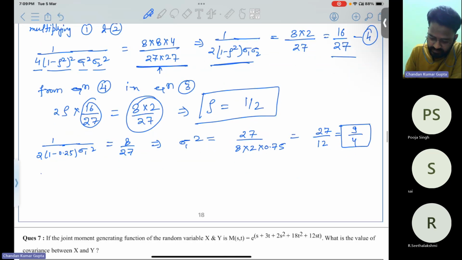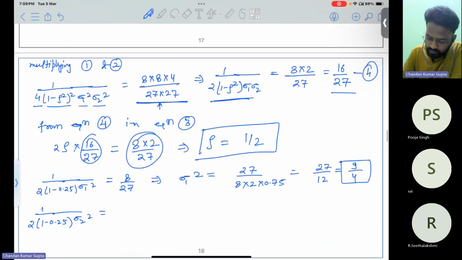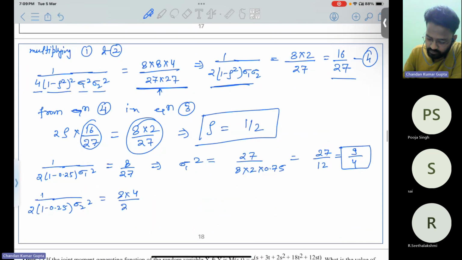And similarly, 1 upon 2, 1 minus 0.25. Sigma 2 square is equal to 8 into 4 upon 27.